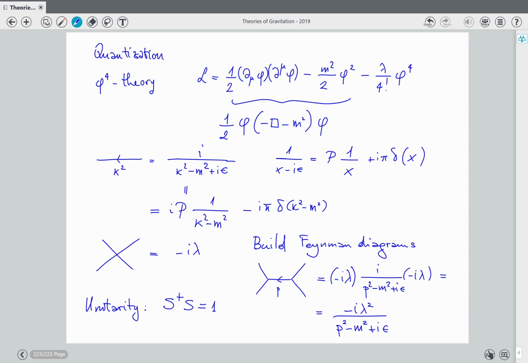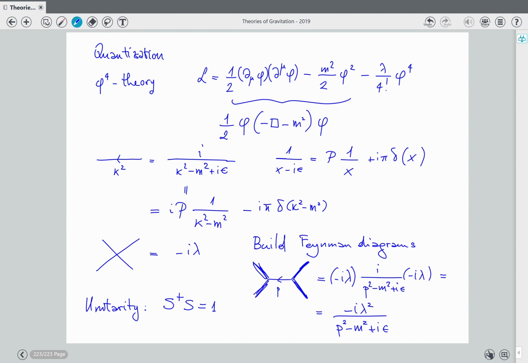What is this P? P is the momentum of this particle that's exchanged. It's not the incoming momentum, it's not any of the incoming momentum, it's an internal momentum. And what you do, normally you build Feynman diagrams, but you do not put propagators on the external legs.